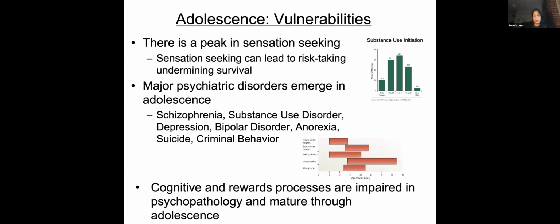Our overarching goal is to understand what is underlying the transition from adolescence to adulthood. We are particularly interested in this because of two main aspects. One is, as you might remember from when you were a kid, that adolescence is a time of increased sensation seeking that can undermine survival and actually increases mortality to a great level. So what's going on in the brain that might be underlying this?